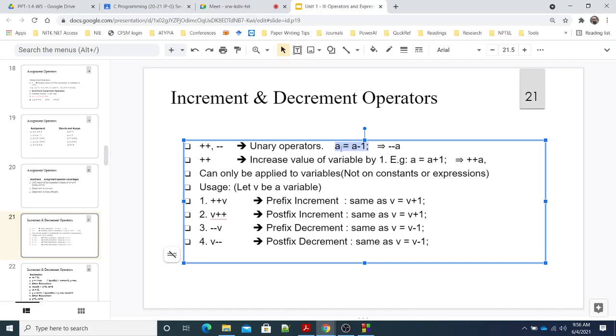So this expression as well as this expression will do the same task. And plus plus, the converse of that: decrement decreases the value of a variable by 1, and the increment operator increases the value of the variable by 1. So a is equal to a plus 1, we can concisely write it as plus plus a. Both are going to give us the same output.